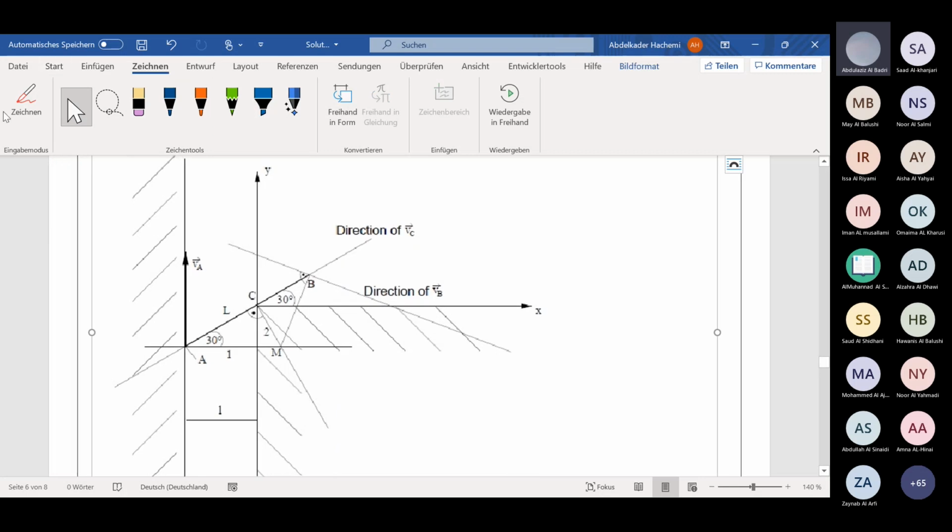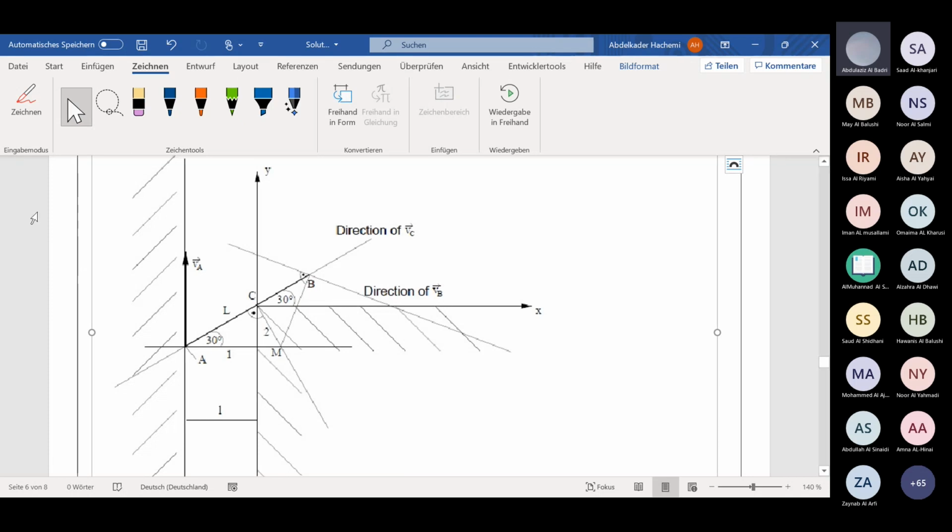What we have here, graphically, means we don't use the equations. That is what we do in the second part, and then compare the two values.